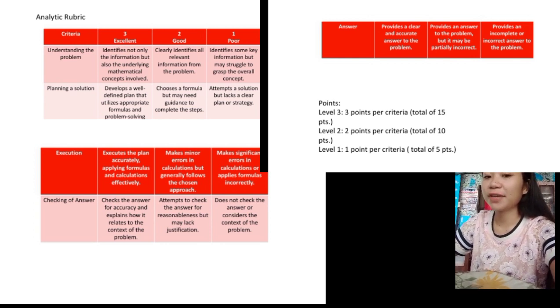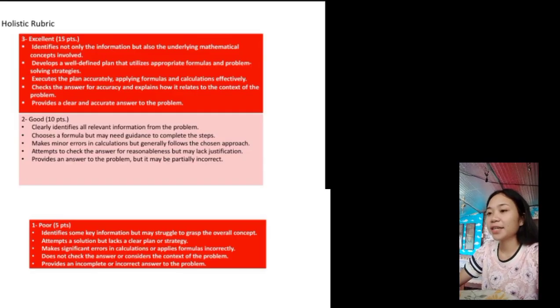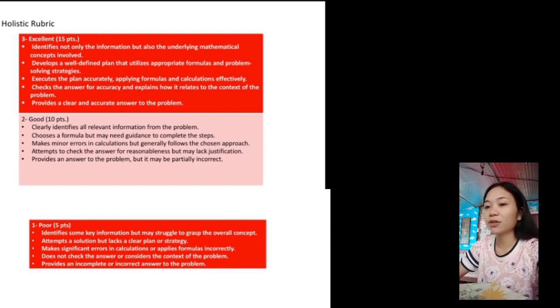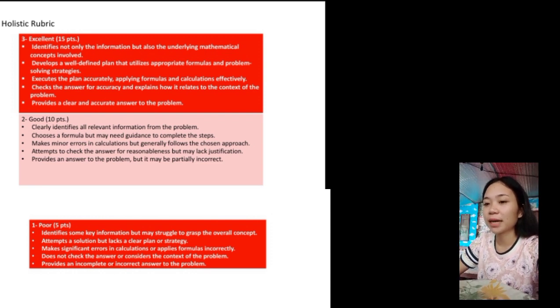Next we have the holistic rubric. It has 3 levels of performance, and this is also aligned with my task design and my learning competencies. As you can see, there is excellent for 15 points, good for 10 points, and poor for 5 points.